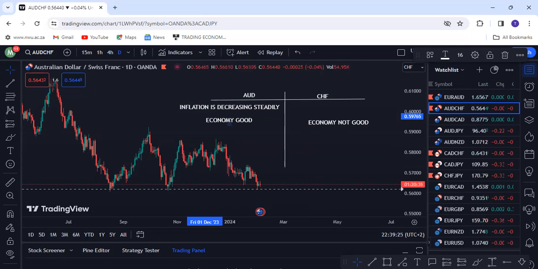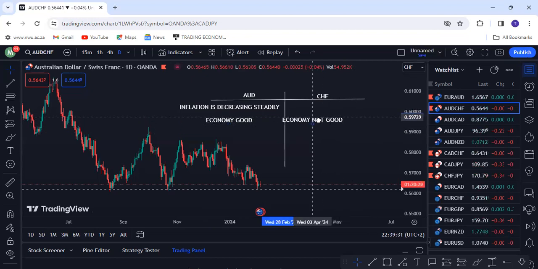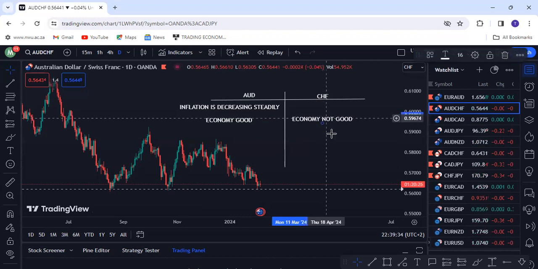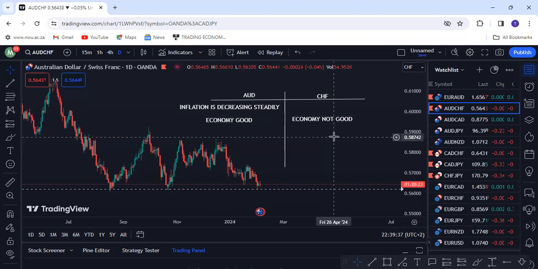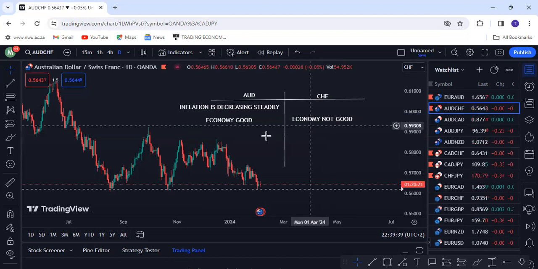And then on monetary policy, we have a monetary policy issue with the Swiss franc, and the Swiss National Bank is intentionally devaluing their currency.